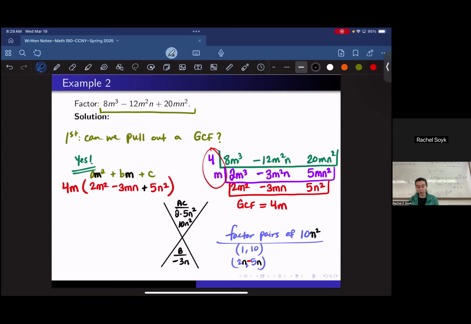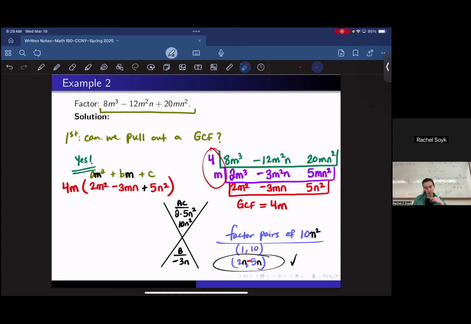So now let's just double check to see if this is correct. 2n minus 5n, does that give us negative 3n? It does. And then 2n times negative 5n, does that give us a positive 10n squared? Actually, it doesn't.